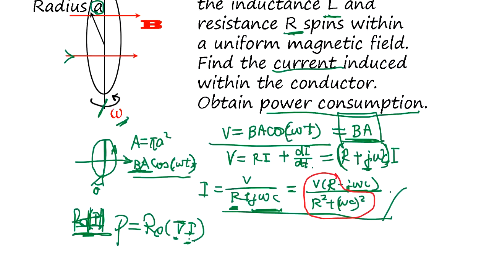So this is going to be V squared, and V is BA, so V is B pi A squared, and we have R here, over R squared plus omega L squared.